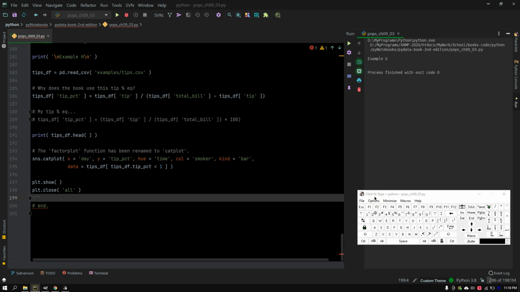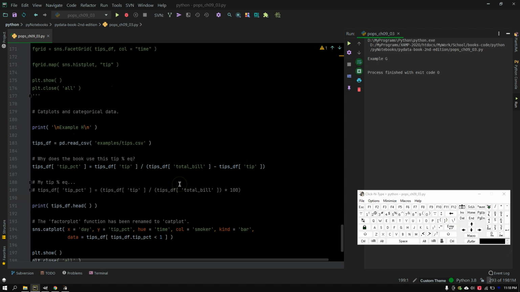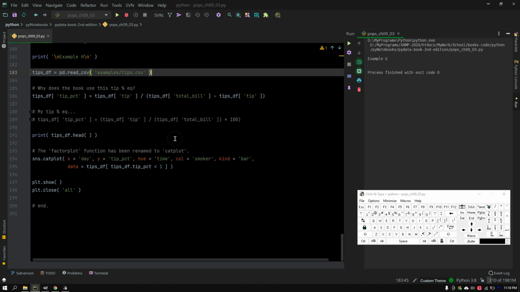The last one. God, this is too much for me. You're the scientist. You're the data scientist here. Teach me. Cat plots and categorical data. Example H. We use the tips file. We're going to use the books percentage calculation. I have no clue why they did it like that.